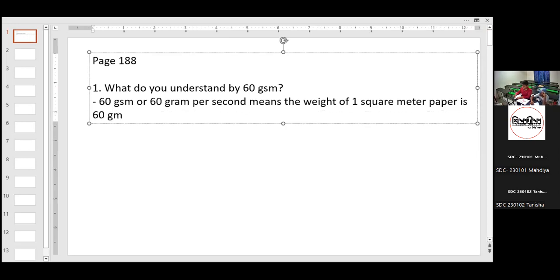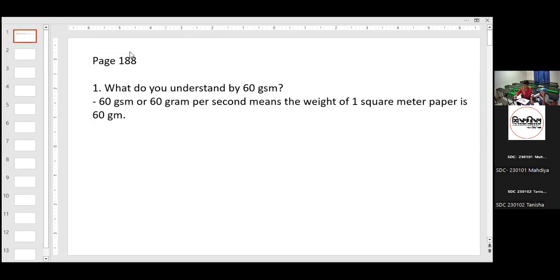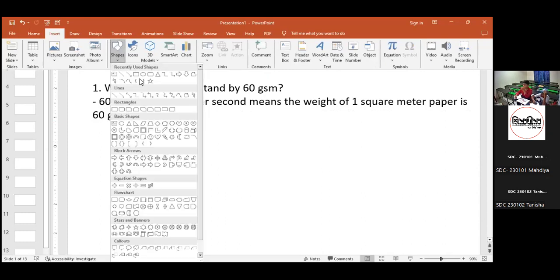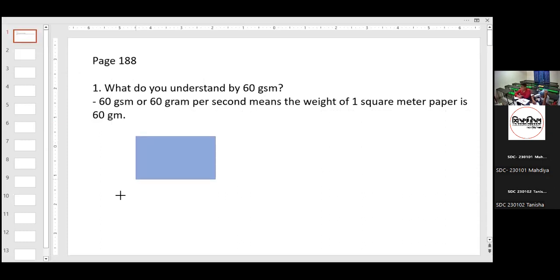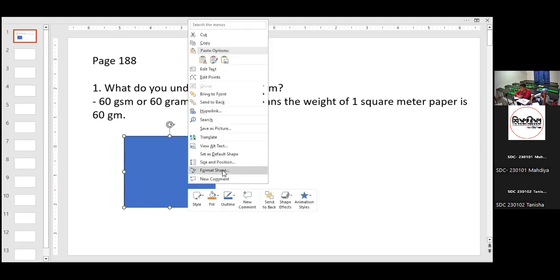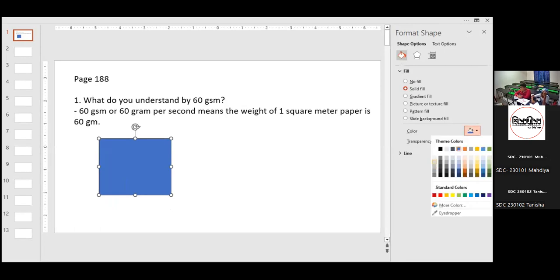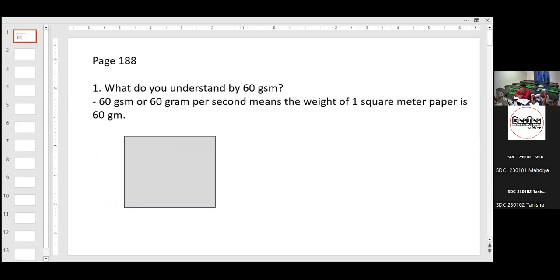That means if you are given 1 square meter paper, something like this, suppose this is a paper which is actually 1 square meter in shape.